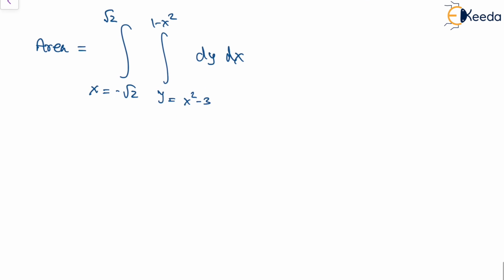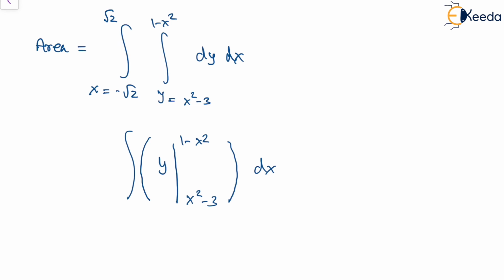Okay, so first integration dy, that will be y. So y with the limits x square minus 3 and 1 minus x square, whatever we get here needs to be integrated in terms of x with the limits x equal to minus root 2 to root 2.